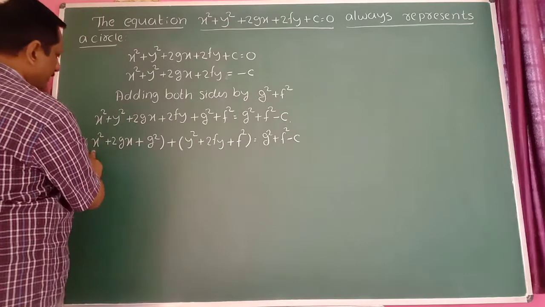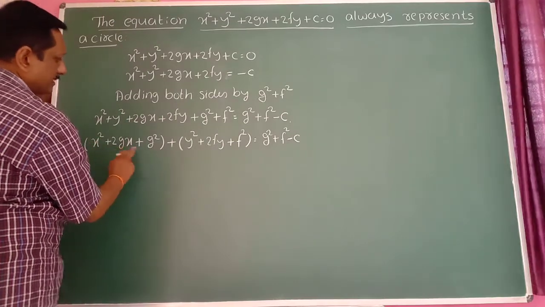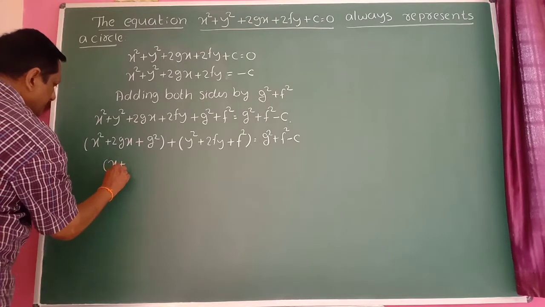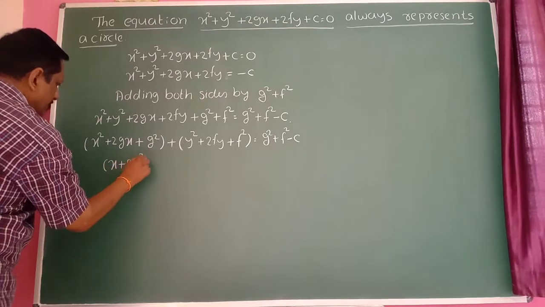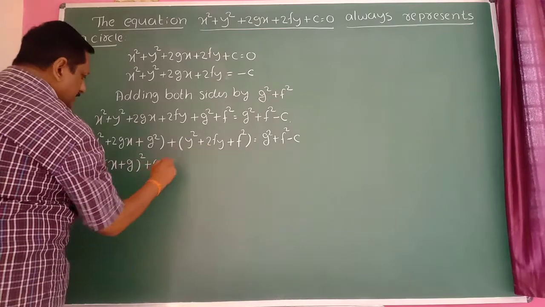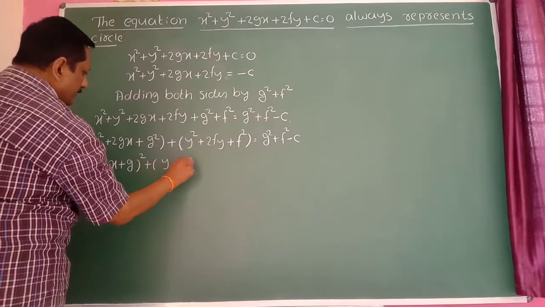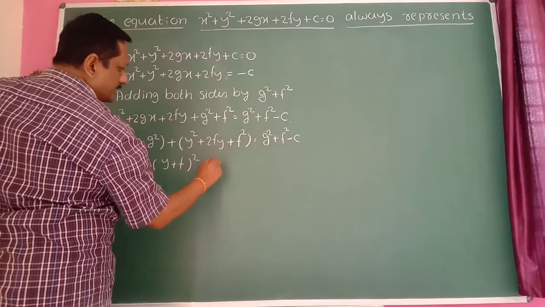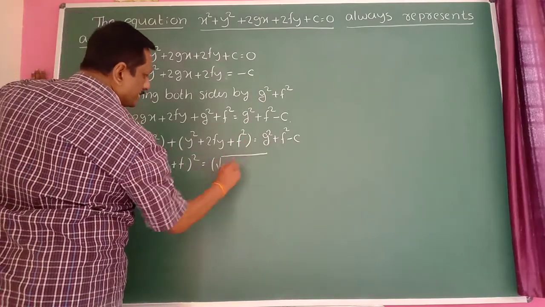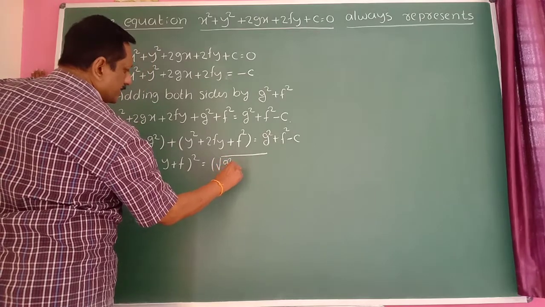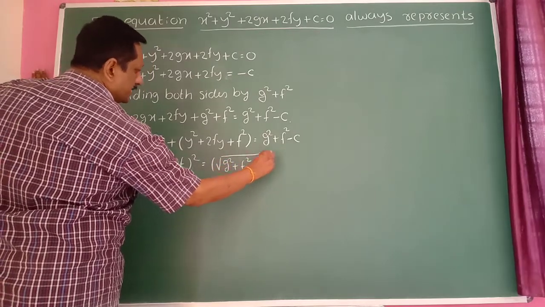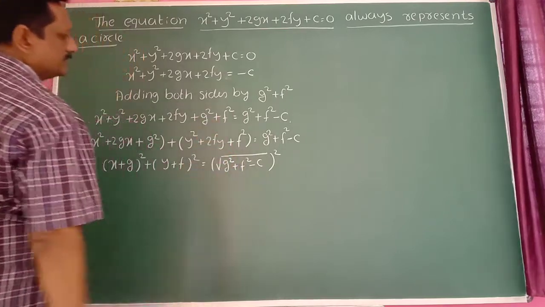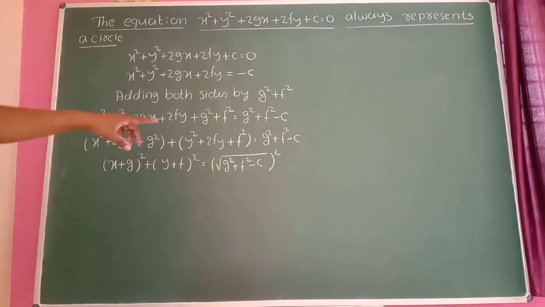So it is in the form of a square plus 2ab plus b square. This can be written as (x plus g) whole square plus (y plus f) whole square is equal to the square root of (g square plus f square minus c), whole square. Therefore, write this as (x minus of minus g) whole square, minus into minus becomes plus, plus (y minus of minus f) whole square is equal to the square root of (g square plus f square minus c), whole square.